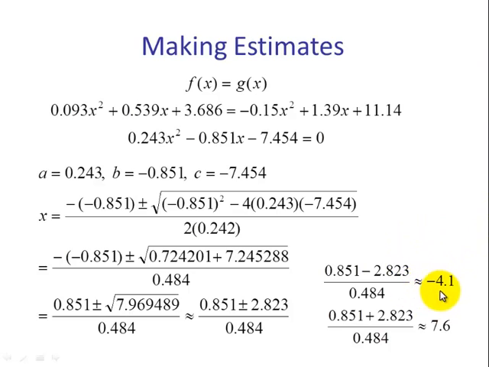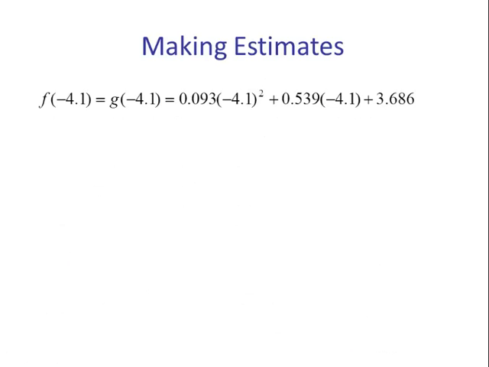So according to the model, 4 years before 2000, the number of cases of beer for light and imported beer are equal, and about 7.5 years after 2000, the number of cases of beer were the same also.